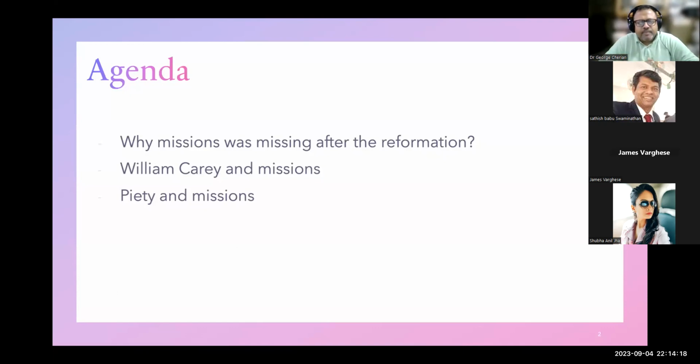One part says why missions were missing after the Reformation. Then we will see what William Carey and his missions were, and why we need to study the third part, Pietism and missions. Everything is not chronological, because Carey came later, but we'll study how Carey was influenced by Pietism and the earlier missions before him, which were happening in the Reformed Church.